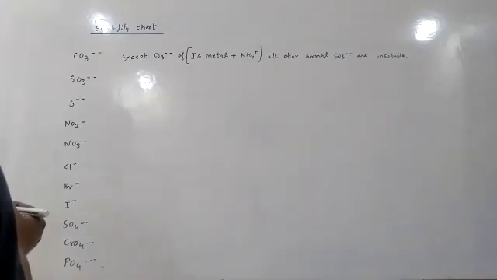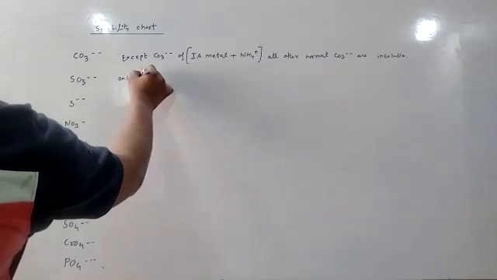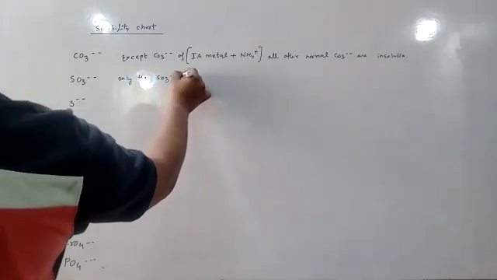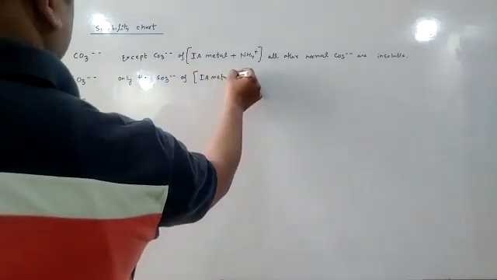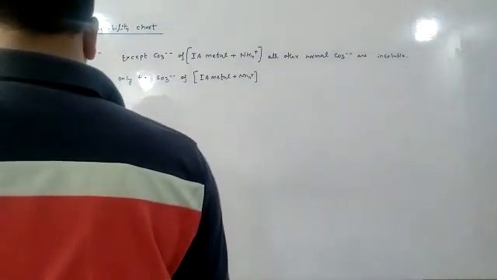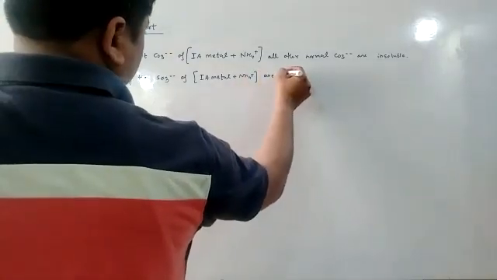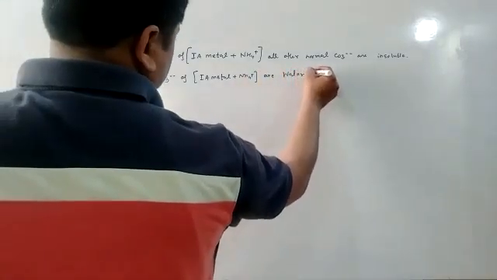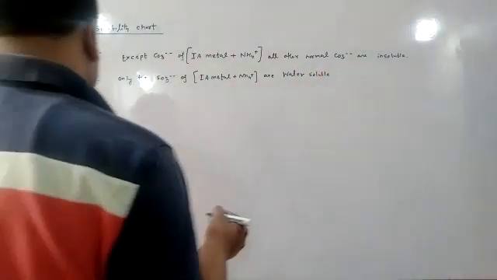Now sulfide. Only the sulfide of alkali metal and ammonium are water soluble. Rest all are either partially soluble or insoluble.